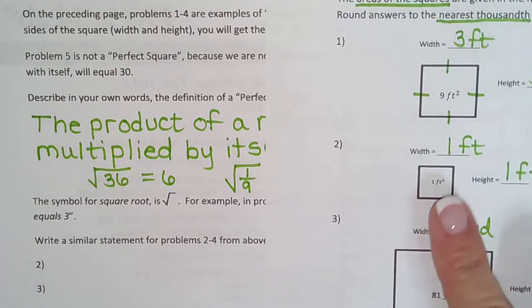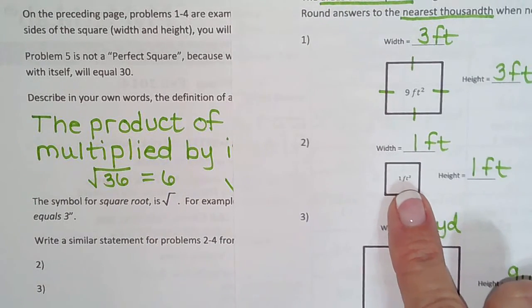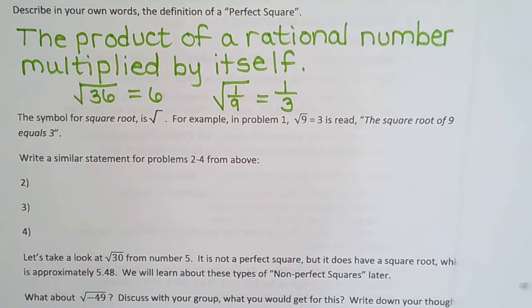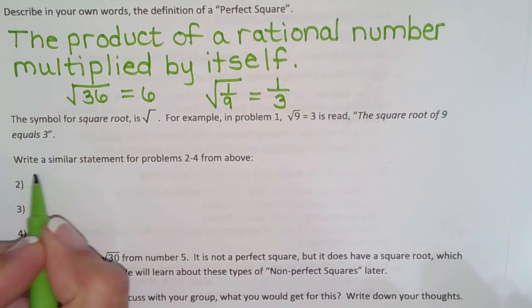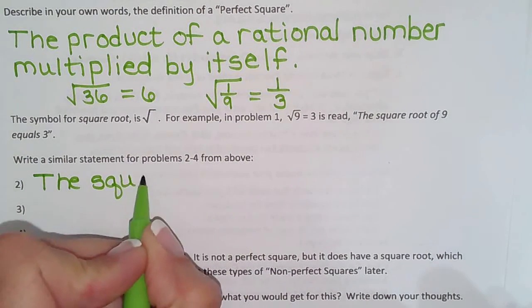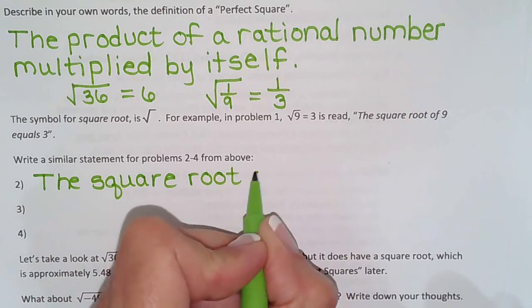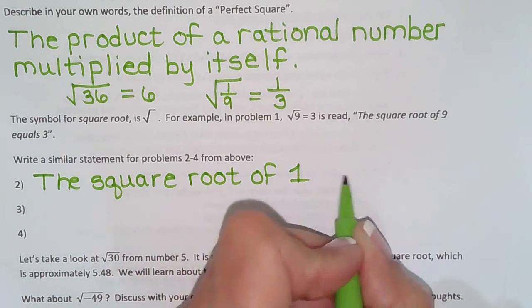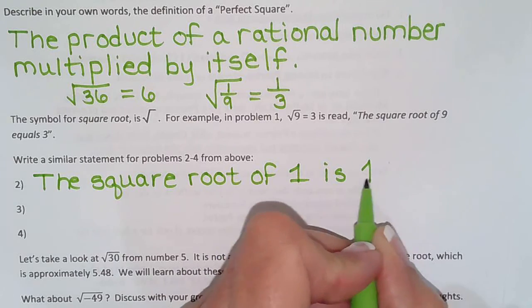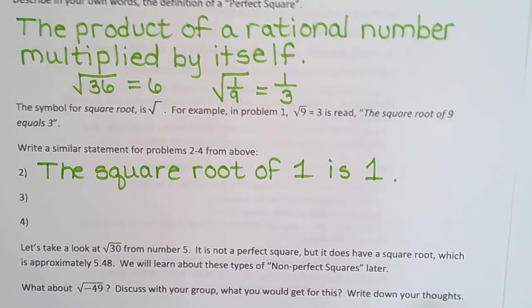So 2 would be the square root of 1 is 1, because 1 times 1 is 1.